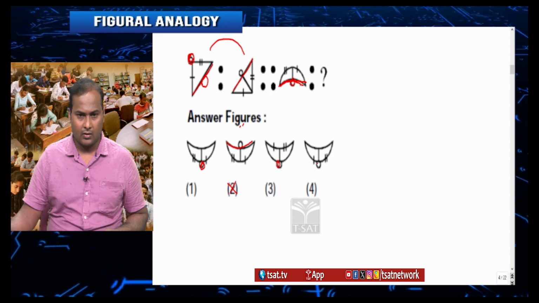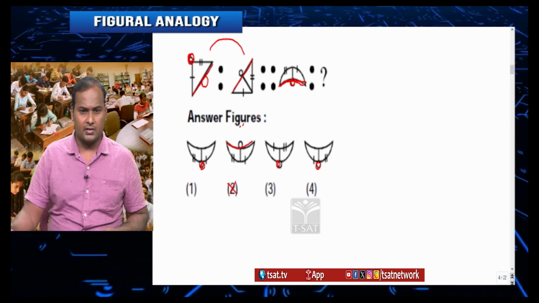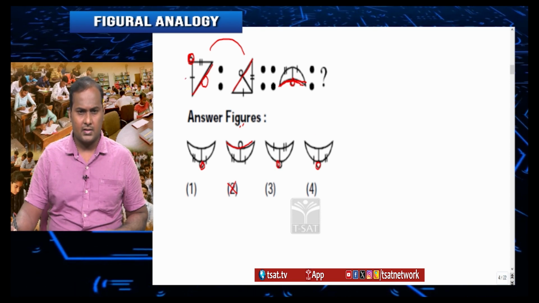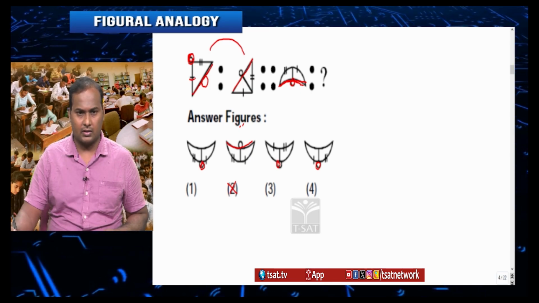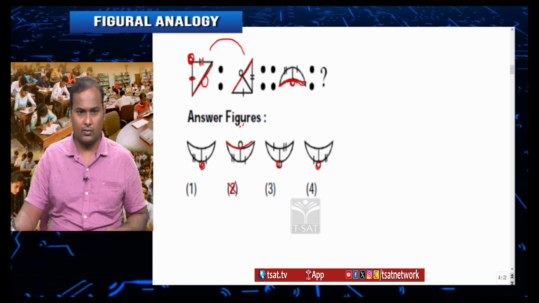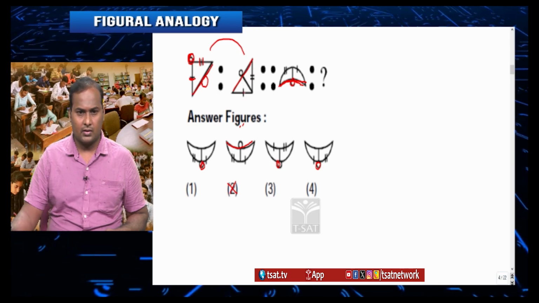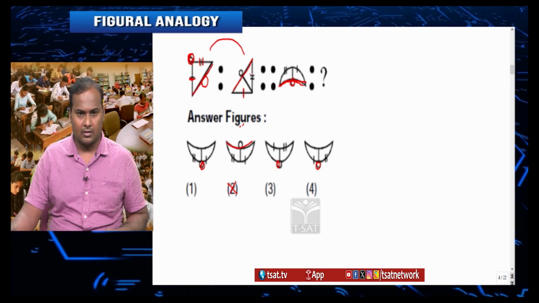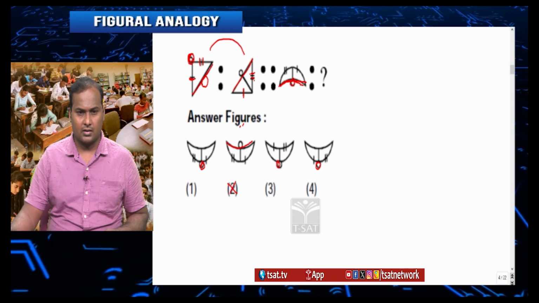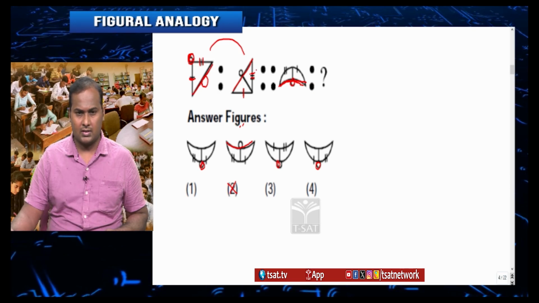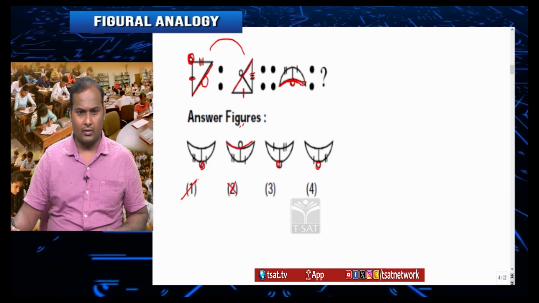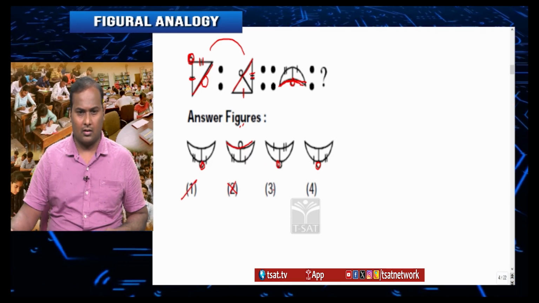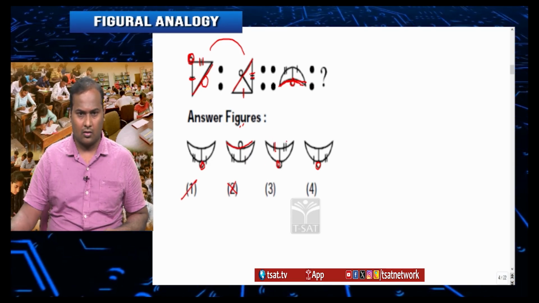Now the next thing that you need to check is the position of lines. In this case, the position of lines is not changing much, the direction is the same. So this will be on your left side and this on your right side, imagine. Here also it is the same thing, left side and right side. There is not much change in the position of dots as well. The moment you see this, answer 1 will become your answer because in option 3, the lines are on the top.